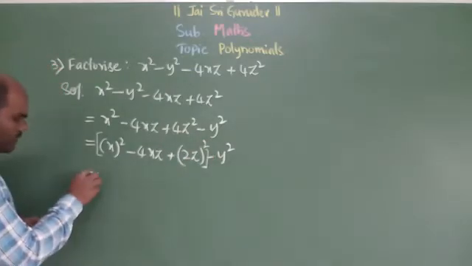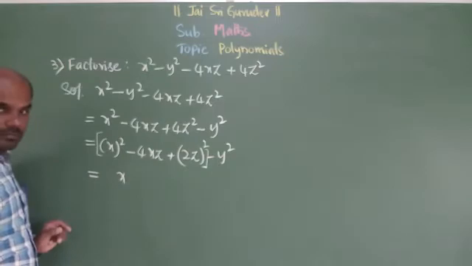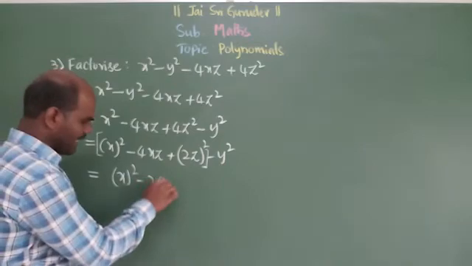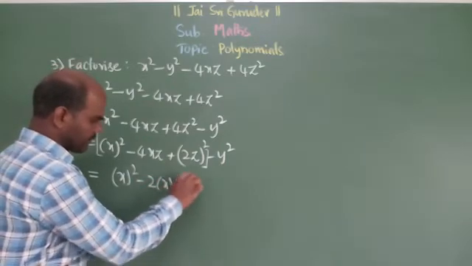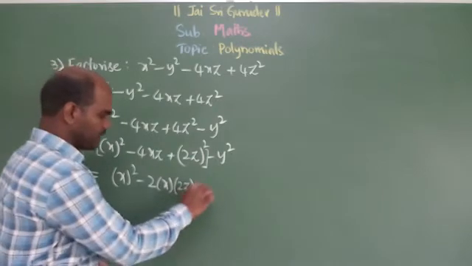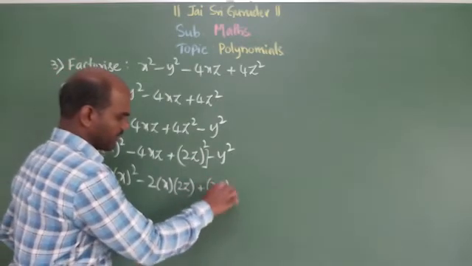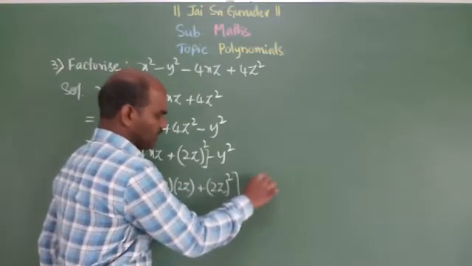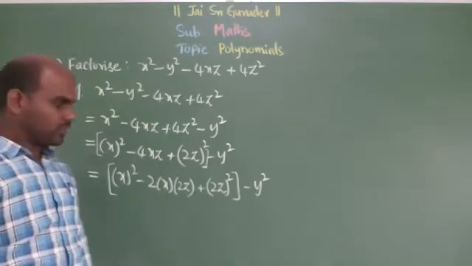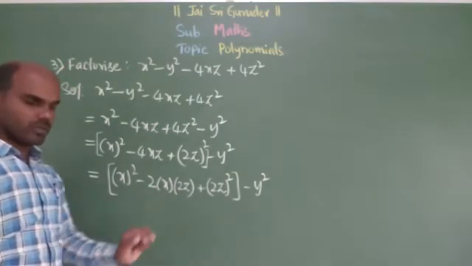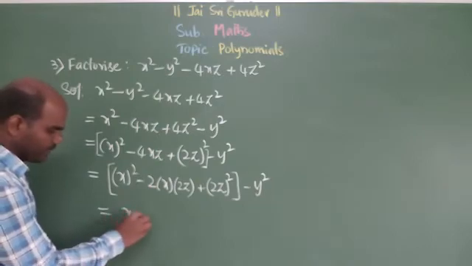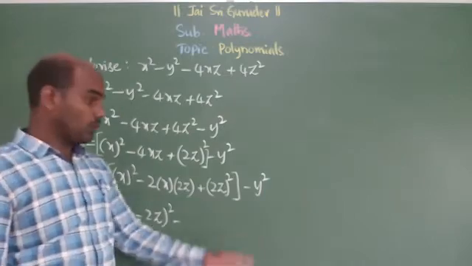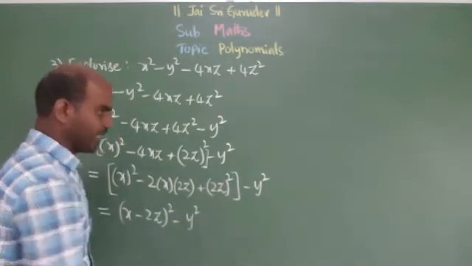So then it equals a square minus 2ab, what is the b, children? 2z, no? Plus 2z whole square. Okay, so then based on this, minus y square. Yes. So now a square minus 2ab plus b square means a minus b whole square, minus y square, as the y square you have to write down.